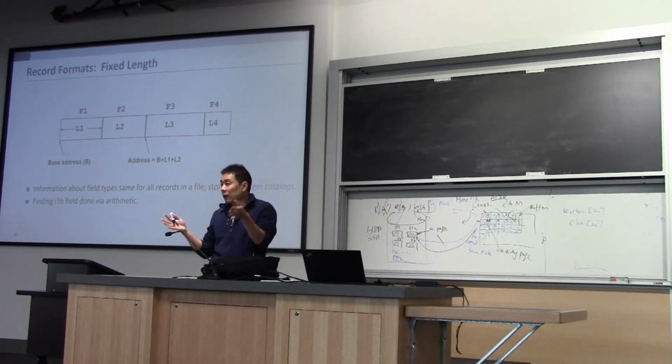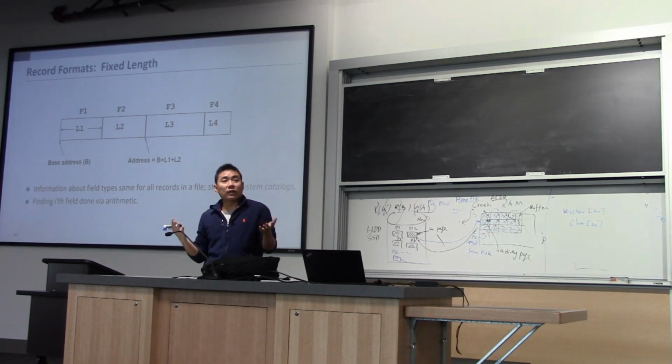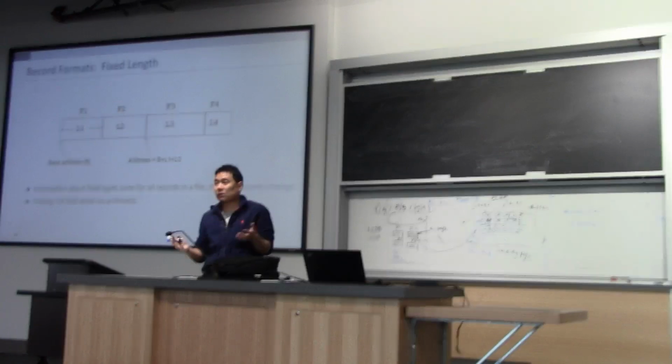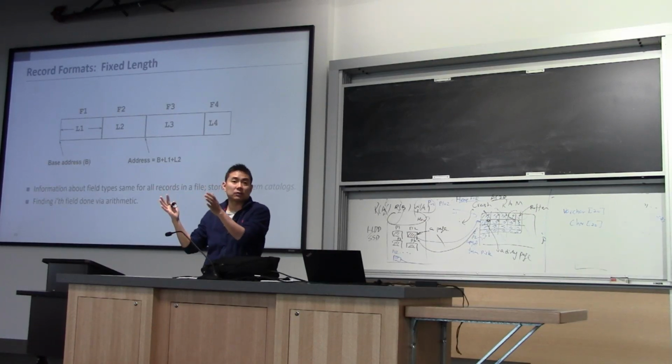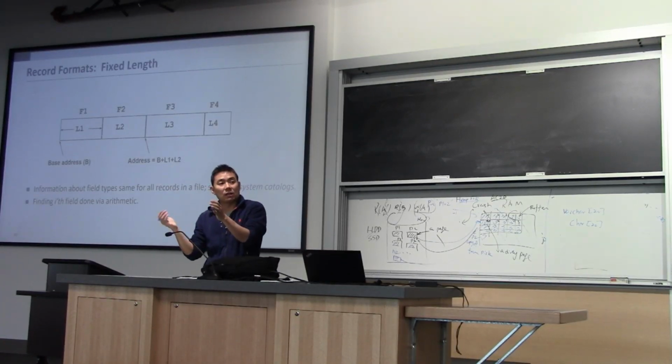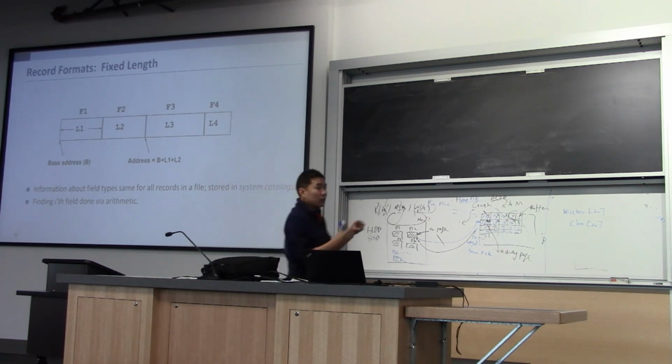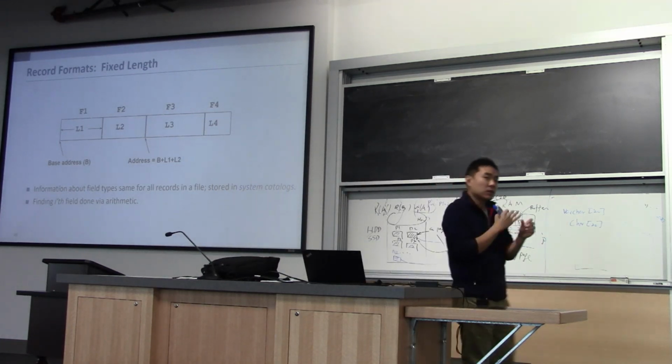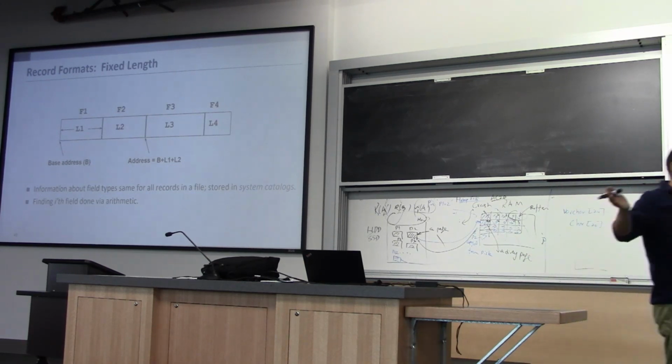Char 20 means that I give you a character array of 20 characters, meaning 20 bytes. Varchar 20 means that I give you a character array of up to 20 characters, meaning up to 20 bytes. The actual length of an element in that array could be anywhere from 0 to 20 bytes. But if you're using char 20, then any element going into that array must be 20 bytes.